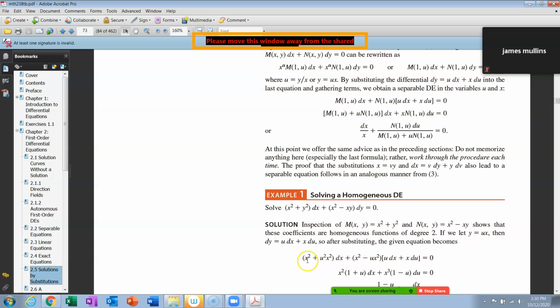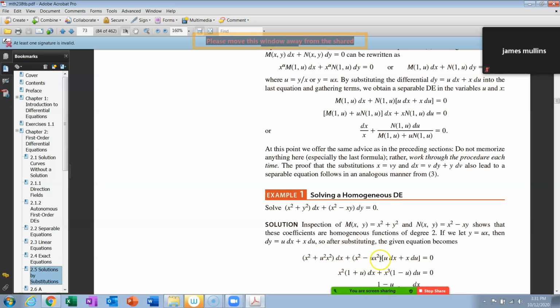So the ones that are left are x squared plus, but this u is multiplied, ux squared. So keep the x squared on the outside, x squared times 1 plus u. Here's the part that's confusing here. It's a minus here, no, okay, yeah, this one disappeared.